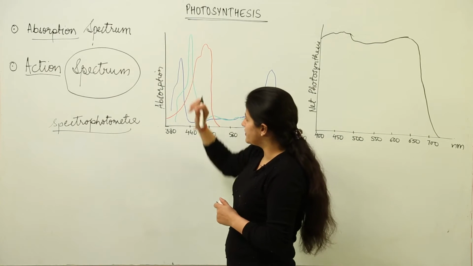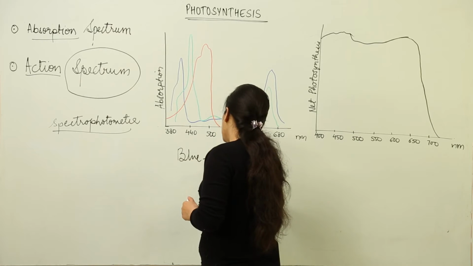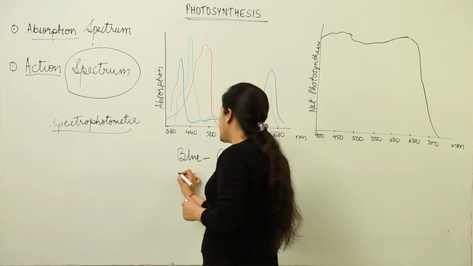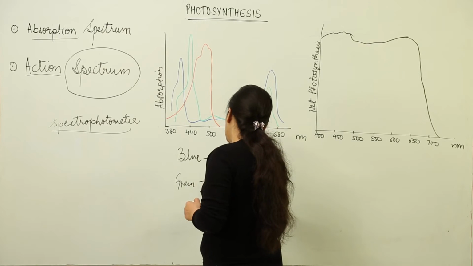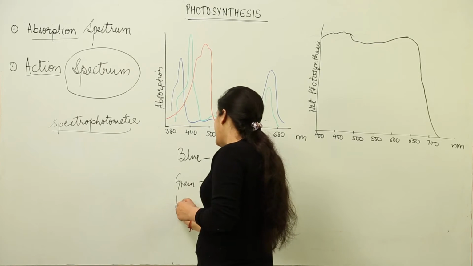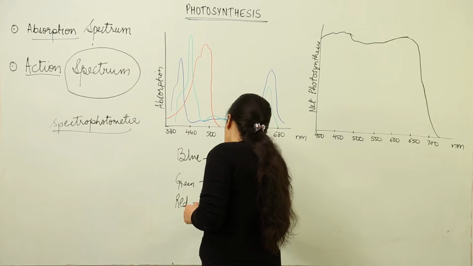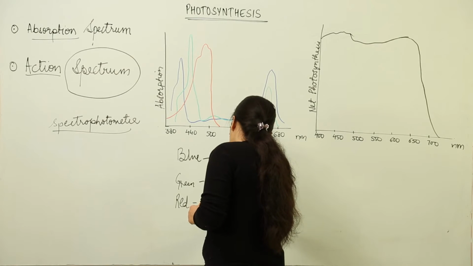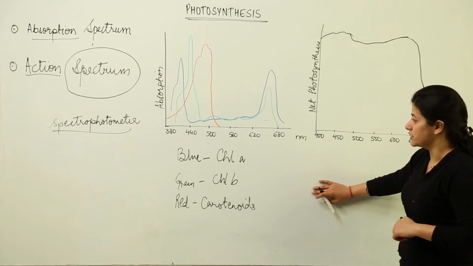This blue part represents chlorophyll A. Chlorophyll A is a photosynthetic pigment. Then the green part represents chlorophyll B, and the red part represents carotenoids, all the pigments except the chlorophylls. They would comprise the carotenoids, specifically beta carotene.